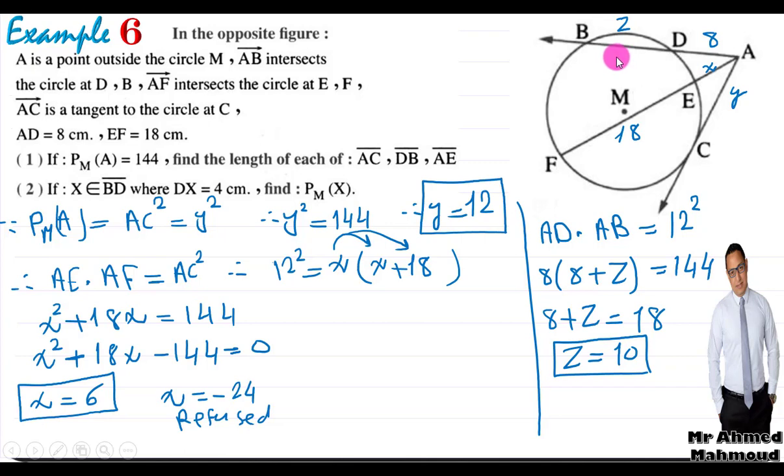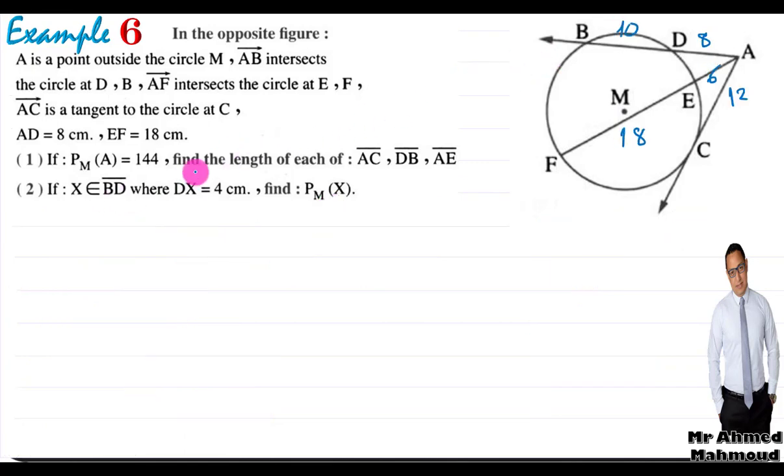Now I'm going to erase the screen to solve part number 2. X belongs to BD, such that DX equals 4. Here the point X, such that DX equals 4. Since DX equals 4, so BX equals 6.